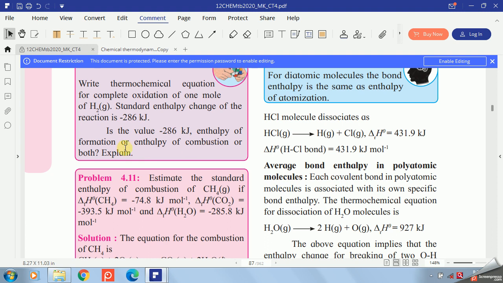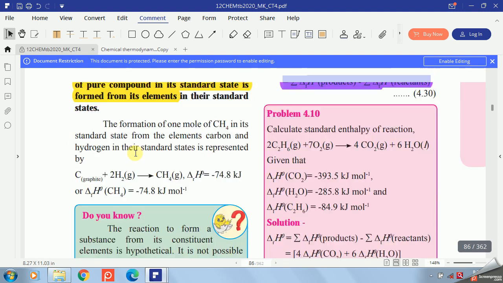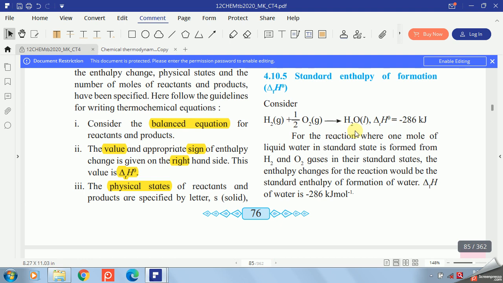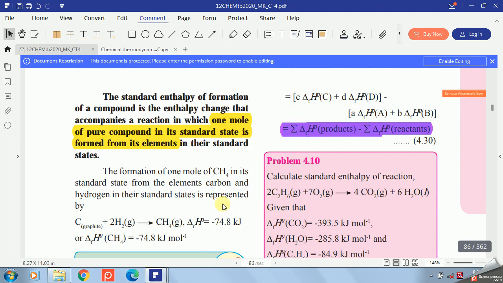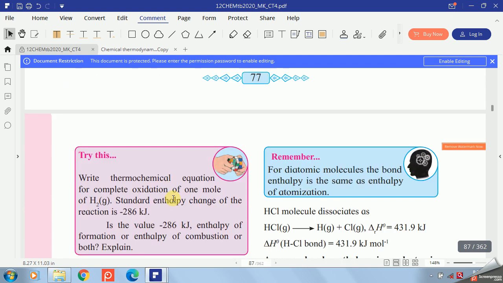That equation is for 2 moles; always write the reaction for 1 mole. So H2 plus 1 half O2 gives 1 mole of H2O. It is minus 286. So this is the standard enthalpy of formation of water, and it is the same as the standard enthalpy of combustion of hydrogen.